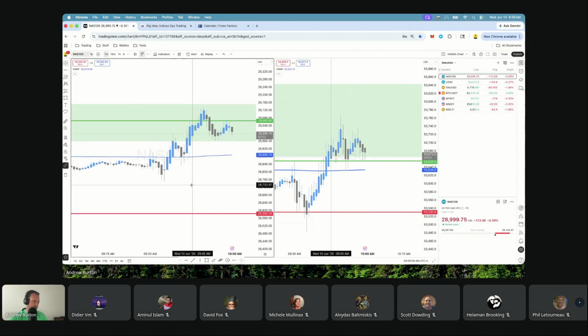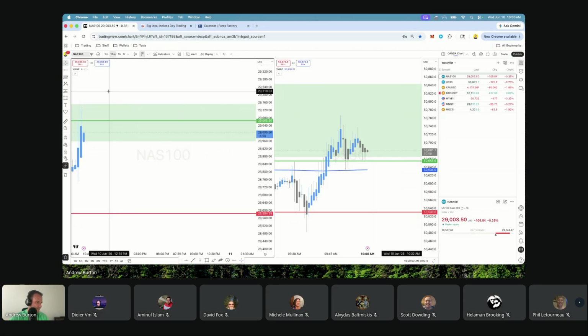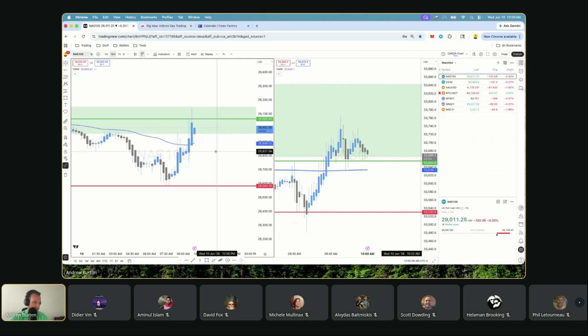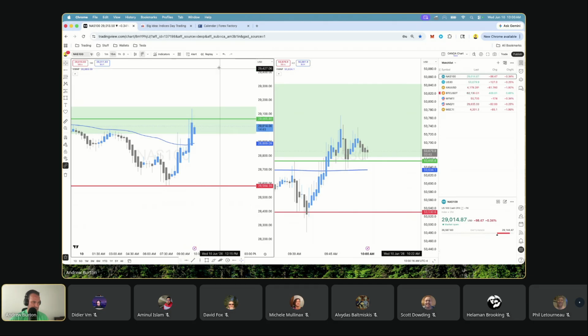So let's look at the 15-minute chart on this guy. You can see on the 15-minute chart, guys, it's starting to show, but this candle's new. In 15 minutes, we'll probably know the trend. If we get a body open above here, then we're going to continue going up.